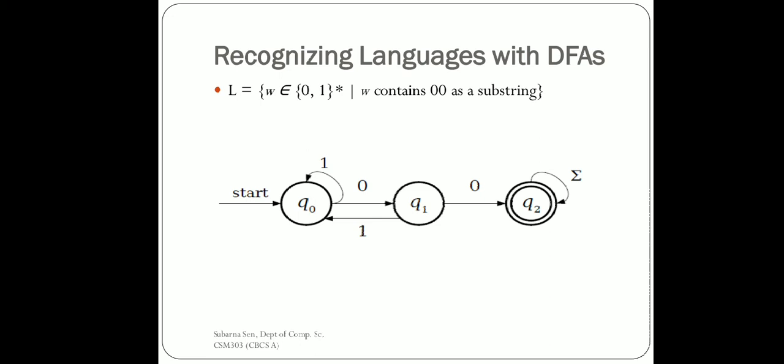If we concentrate on this example, what is the smallest possible string? It is 0 0, right? So for any W containing 0 0 as a substring, the smallest possible string is 0 0. So we will initiate that machine, and using 0 0 we will move to the final state, then we will adjust accordingly. There can be any number of ones.